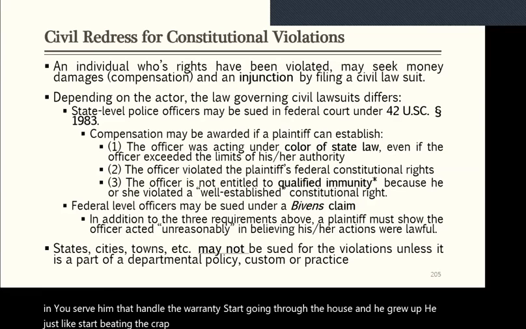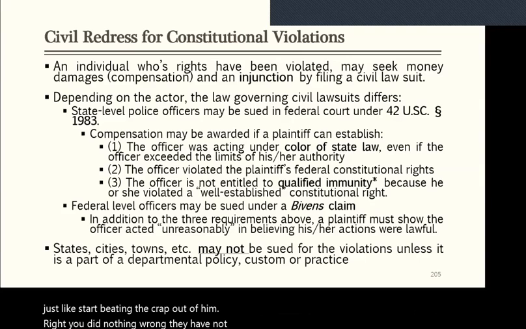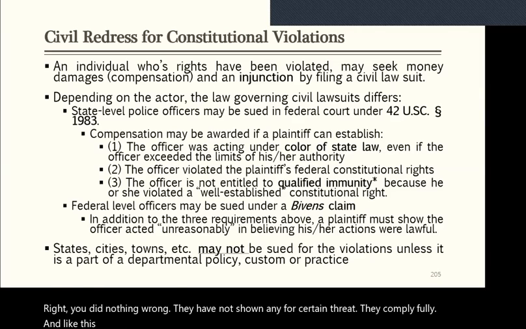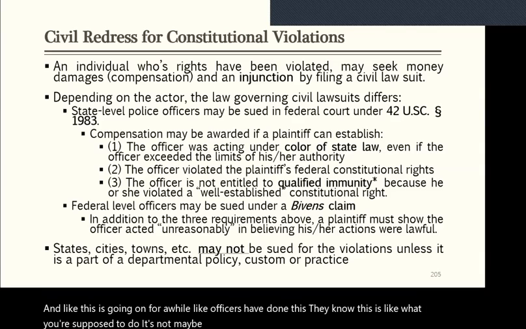Right, even if they've done nothing wrong, they've not shown any force or any threat, they've complied fully. And this has gone on for a while. Officers have done this, they know this is what you're supposed to do, even if it's not written down. Then and only then can you sue them. Right, so that's a problem.